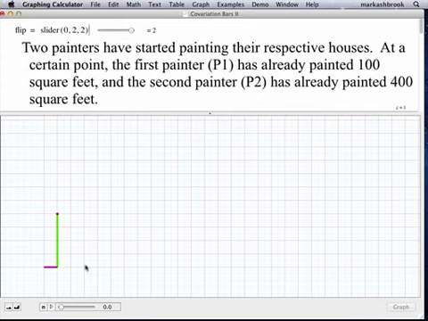I thought we said that painter 2 always paints an additional amount 1.5 times whatever additional amount painter 1 paints. So how could it be possible that painter 2 would paint 400 at the time that painter 1 had painted 100, which is a relative size of 4?